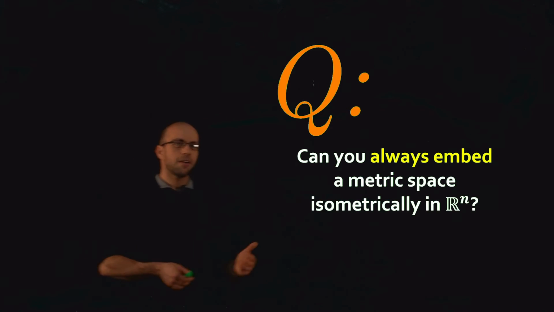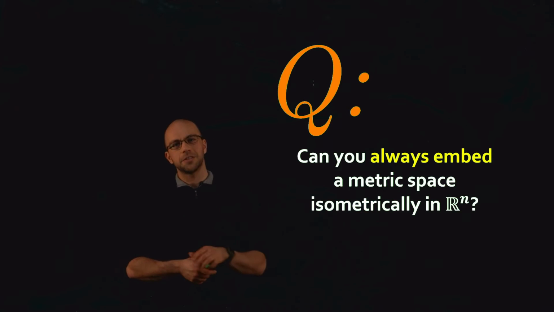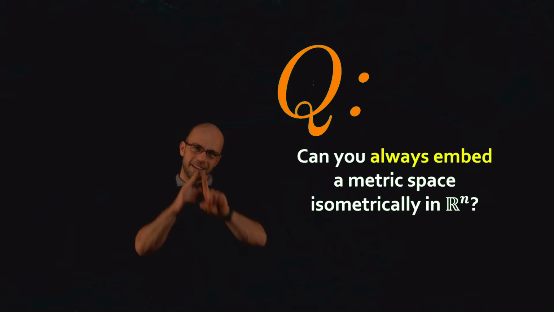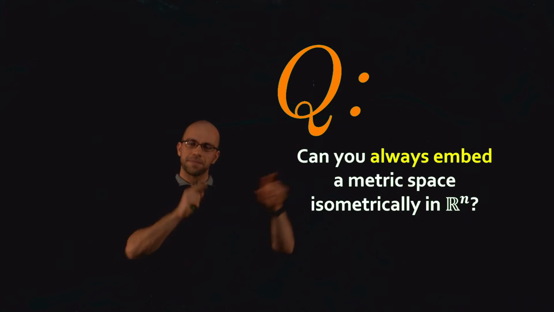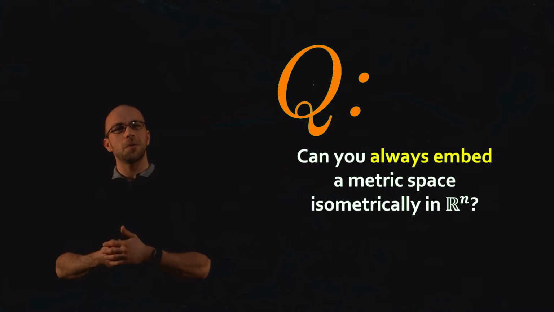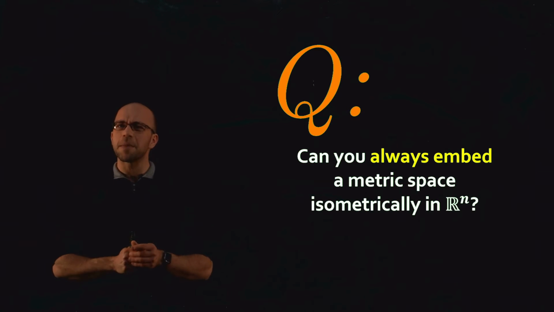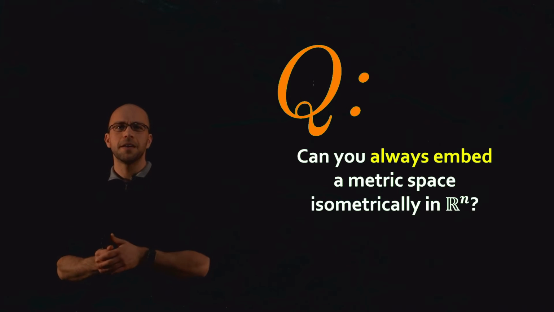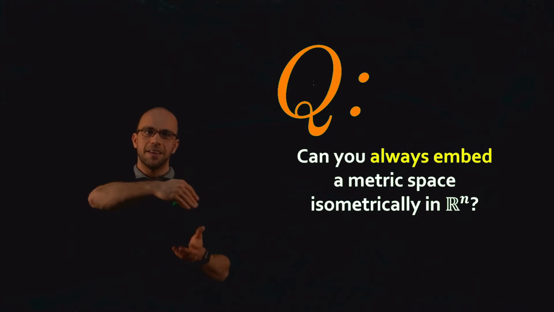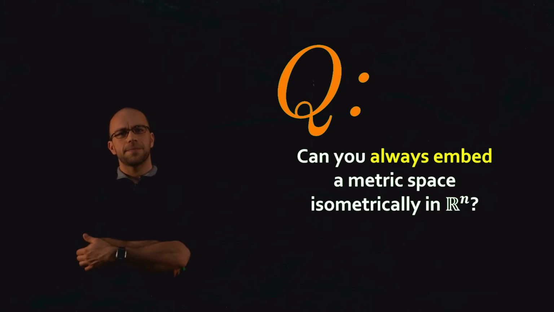Remember that R^n, equipped with the L2 norm, is a very specific space. That's the space of points that can be described with n real numbers, where the distance metric between those two points is the square root of the sum of the squares. That's a very specific metric structure. So you might ask, can I always find an isometry from some other metric space into R^n?